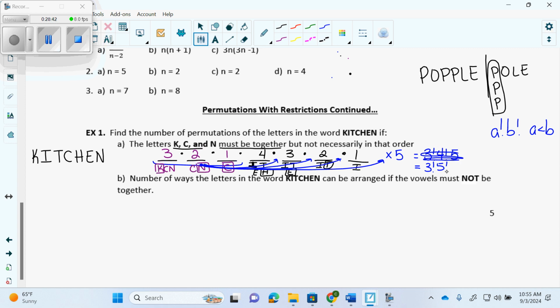A has to be less than B. So is 3 factorial, 5 factorial the same as 5 factorial, 3 factorial? Yes. That's true, right? 3 factorial times 5 factorial is the same as 5 times 3. That's true. But they forced it for A to be less than B, because I wrote it like that, didn't I? So which one has to come first? The 5 or the 3? The 3.